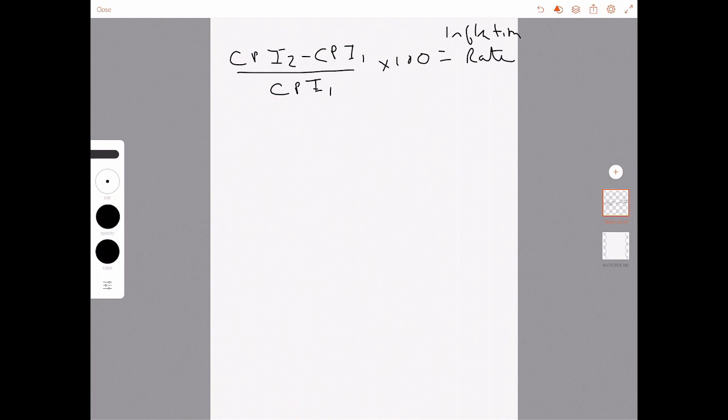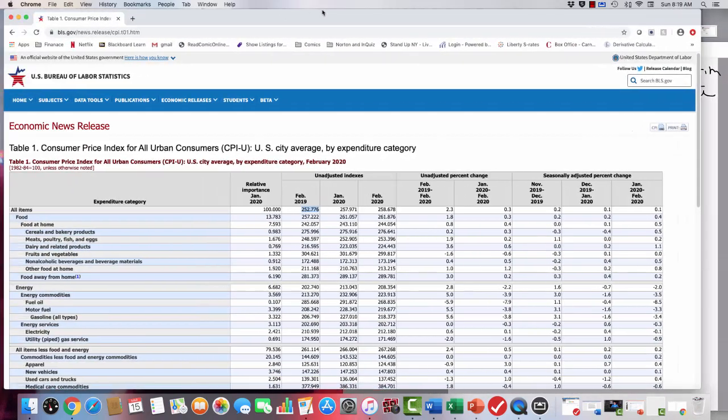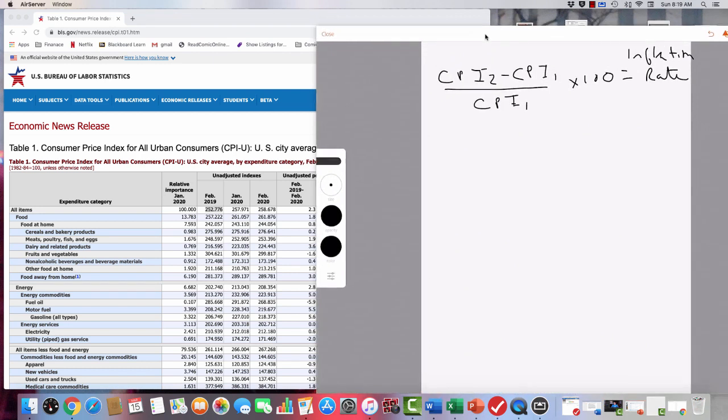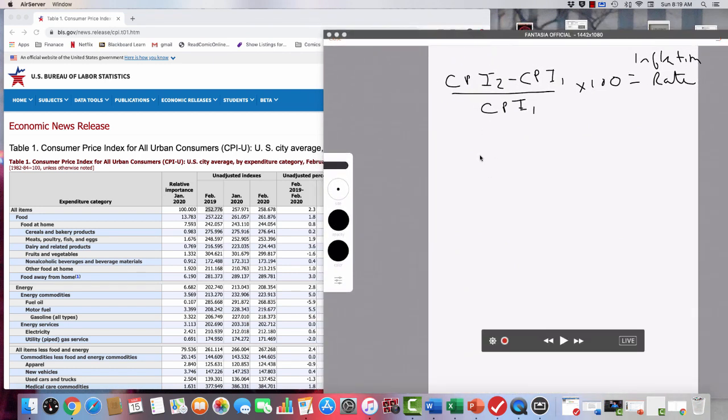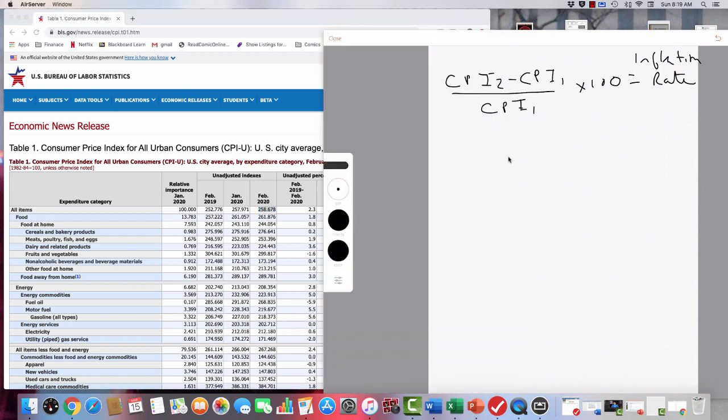So let's put some of those numbers from what we just saw from the Bureau of Labor Statistics into our equation here. All right. So what we're going to look at is the change between January and February.